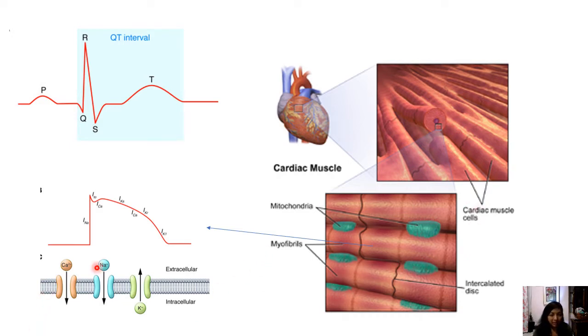At the level of each cardiac muscle cell, the cell membrane contains different ion channels that allow the movement of different ions, which is responsible for generating the action potential that you would record from a single cardiomyocyte during a depolarization, which then results in the contraction of the cardiac muscle. What you see on the ECG is the composite of all those action potentials across the entire heart, and that net depolarization is what you see as the ECG.